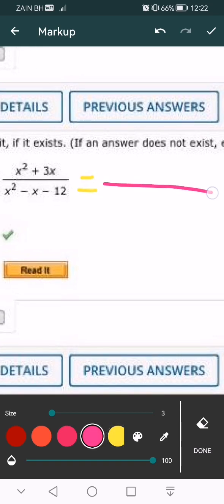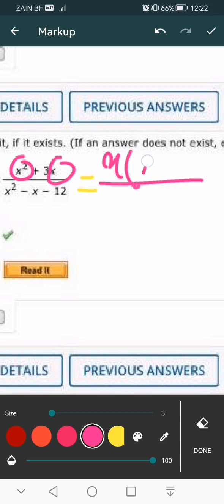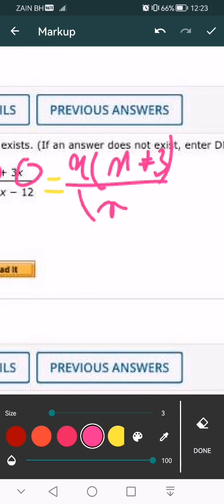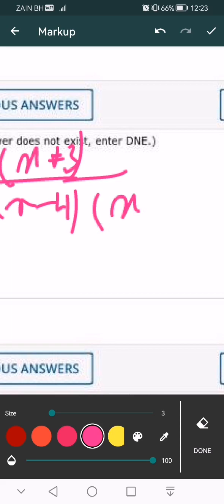As we know, I can take common factor x from here. That will be x plus 3. And then I have to do mod 5 3 for the denominator, which is 1 minus 1 minus 12. You will get x minus 4 by x plus 3.